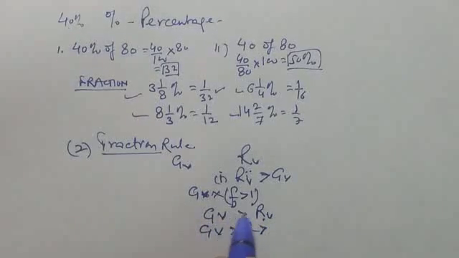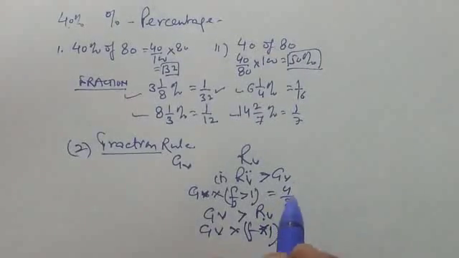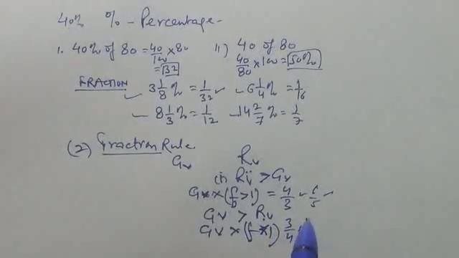So if the given value is greater than the required value, that means the required value is lesser than the given value, so I have to multiply by a fraction which is lesser than 1. So what is a fraction greater than 1? Let us say 4 upon 3, 6 upon 5, fractions greater than 1. Similarly, a fraction less than 1 will be, let us say, 3 upon 4, 5 upon 6.